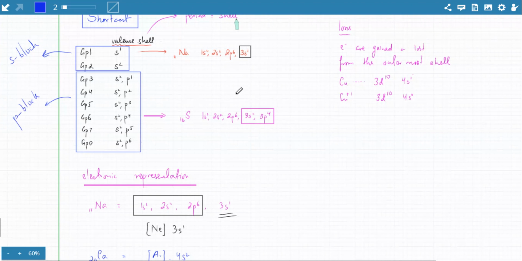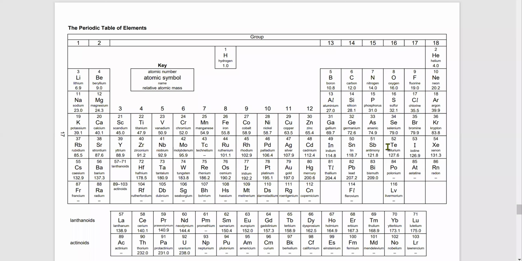If you look at the periodic table, this entire thing is your p block, and group 1 and 2 are your s block. As I remember, in the newer periodic table, group 3 is 13 and 4 is 14, so make sure you remember this.